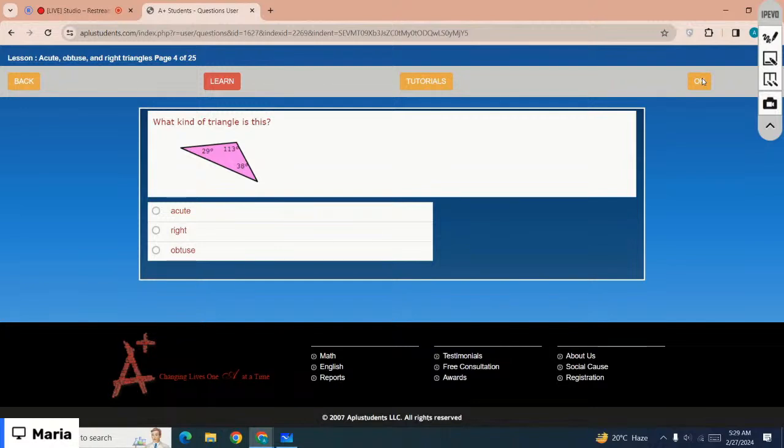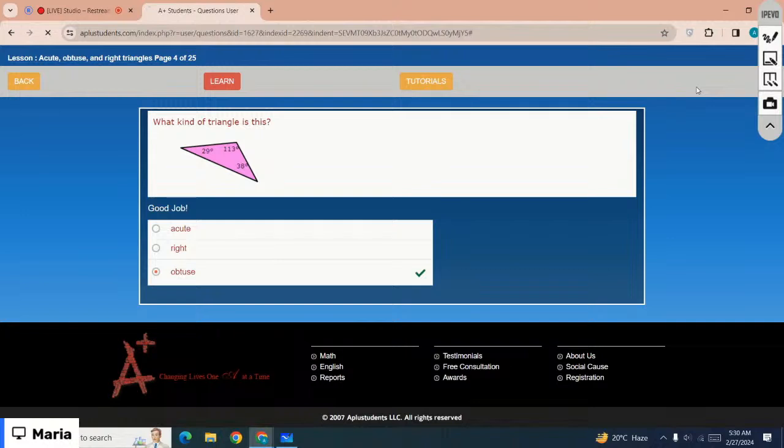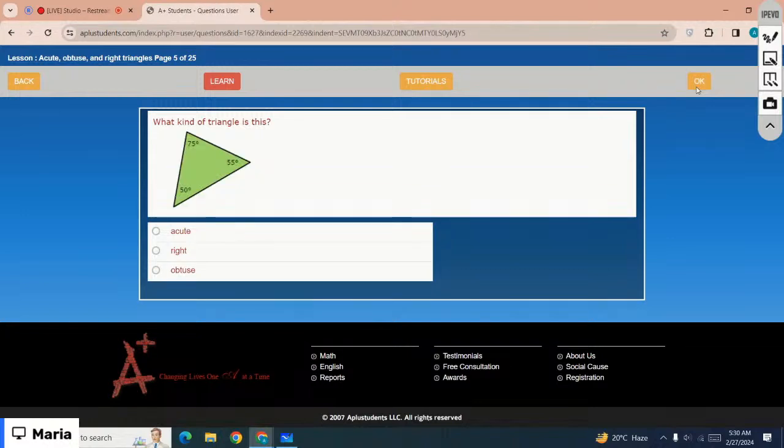The correct option is obtuse triangle, right? Because one of the angles is greater than 90 degrees. Obtuse triangle it is. Yes, it is obtuse.